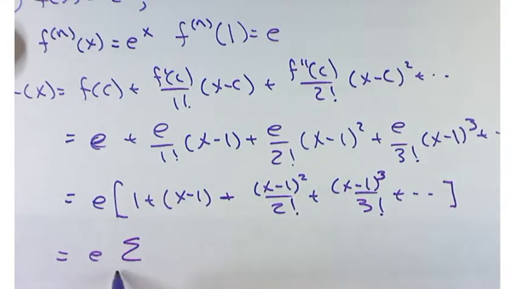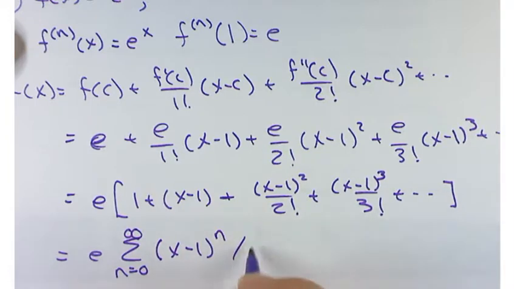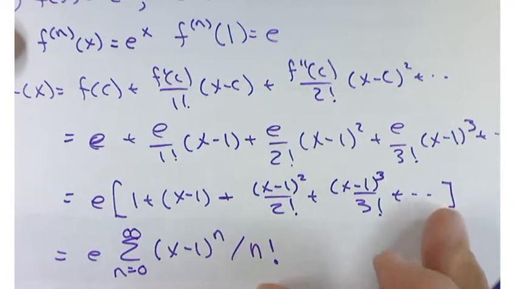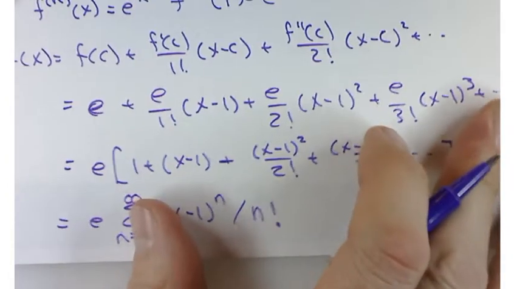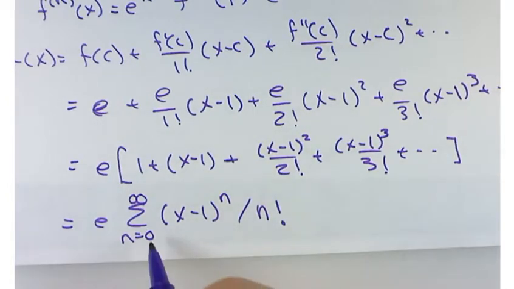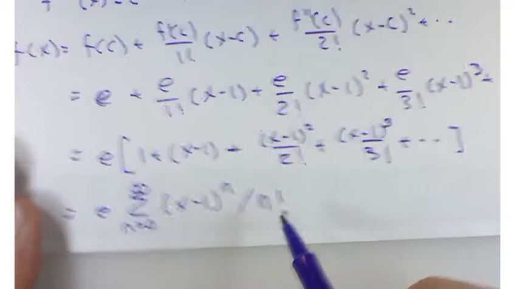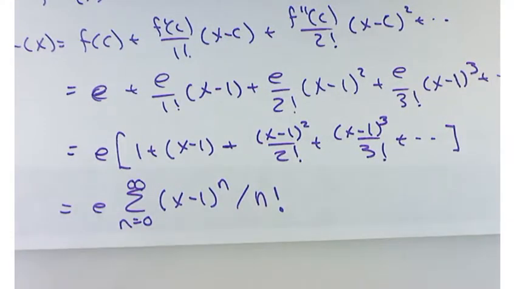The sum from n equals 0 to infinity of x minus 1 to the n divided by n factorial. Keep in mind that 0 factorial is 1. So this should be my series for this function. I'll give you a minute to copy it down, and then we'll take a look at the graph and see how we did.